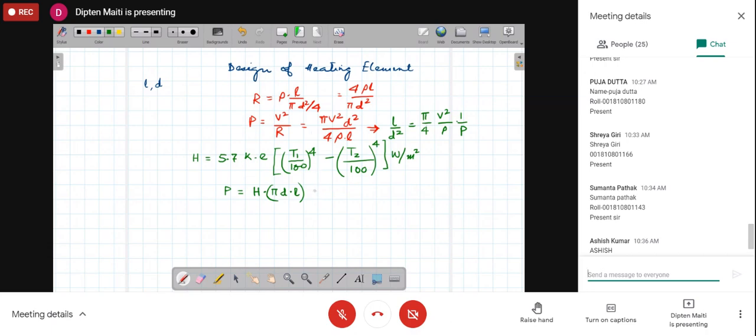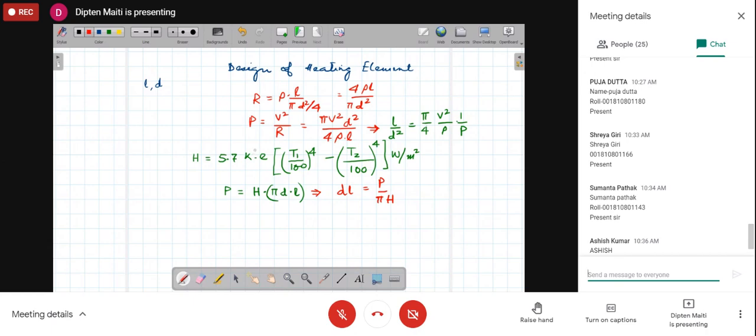So from here, once again, we cannot take out the L and D. So once again, we just keep D into L equals P divided by pi into H. So this remains this.